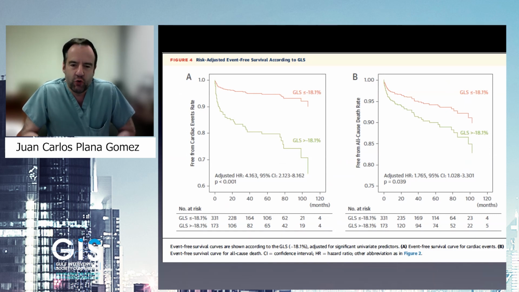And answering the question, I think that, from taking a look at this data, we are intervening on these patients late. And I really think that in the years to come, global longitudinal strain will become part of the guidelines as a way to really separate the patients that will benefit from early intervention in aortic and mitral regurgitation.